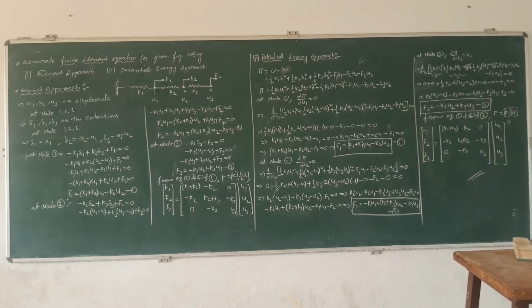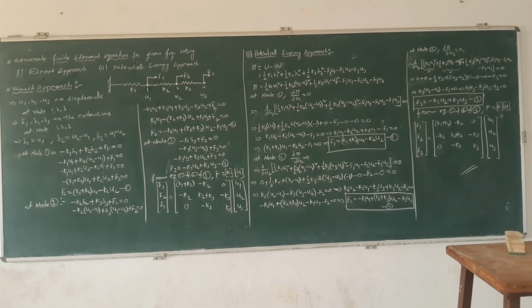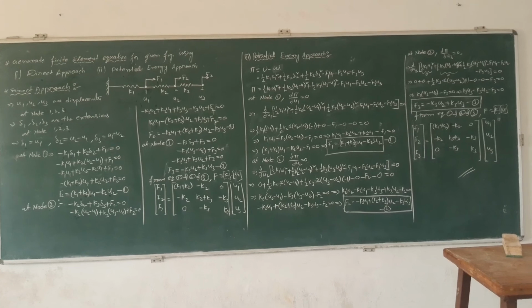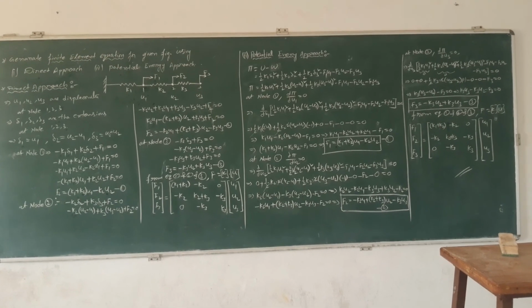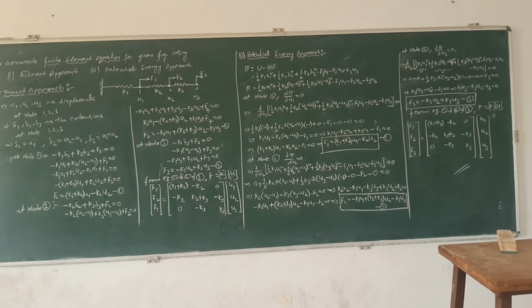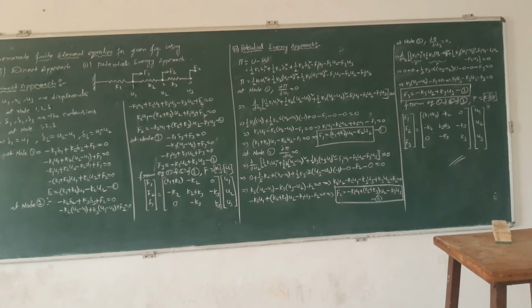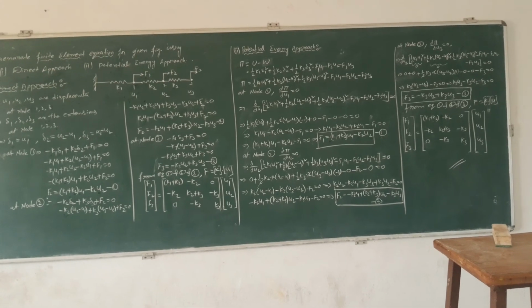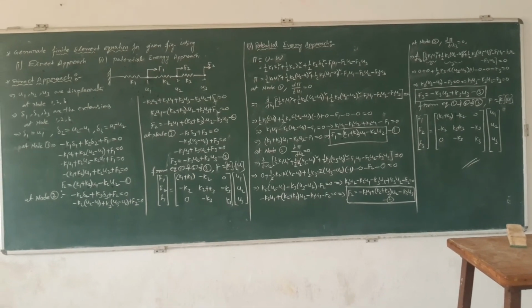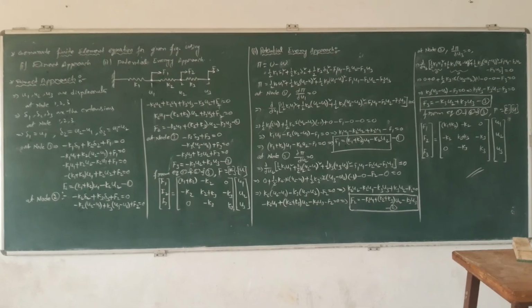So see this: in the direct approach method, we got f1, f2, f3 equal to k1 plus k2, minus k2, 0; minus k2, k2 plus k3, minus k3; and 0, minus k3, k3; times u1, u2, u3. So the same equation we got finally.